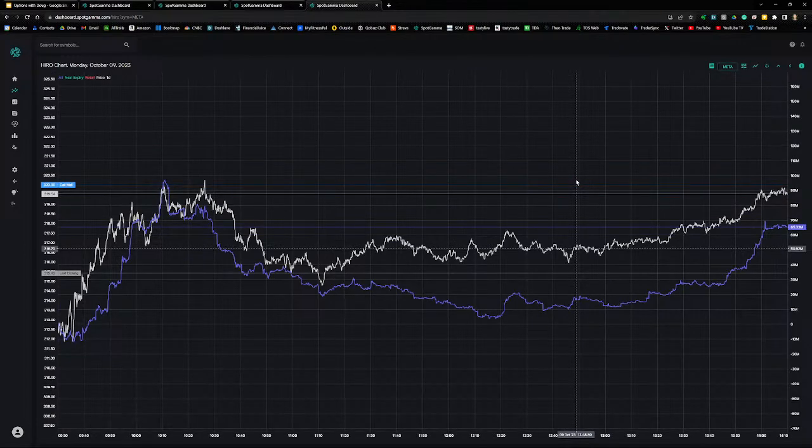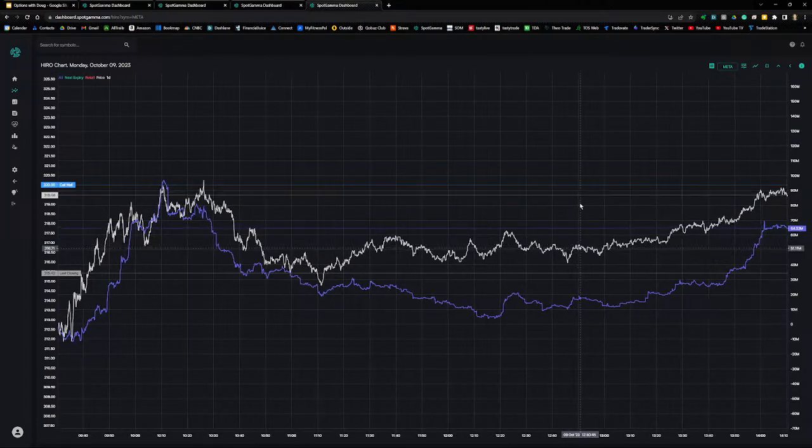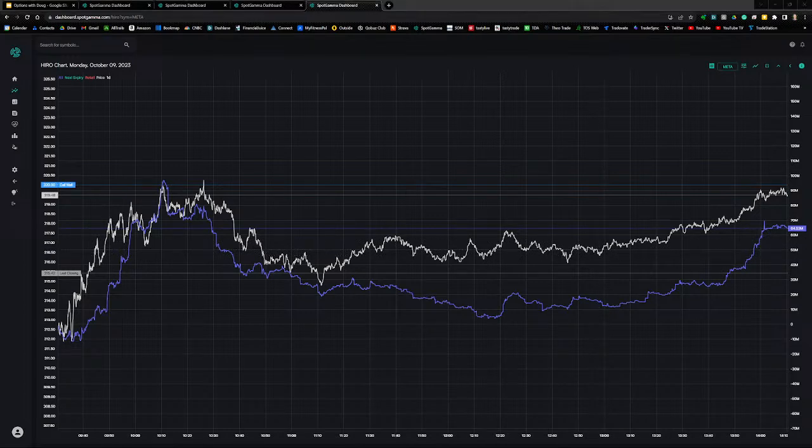Scroll back out. All right, so rising Hero line, rising price, and then they take their foot off the gas as Meta hits that call wall. They start taking negative delta positions and price reverses lower.